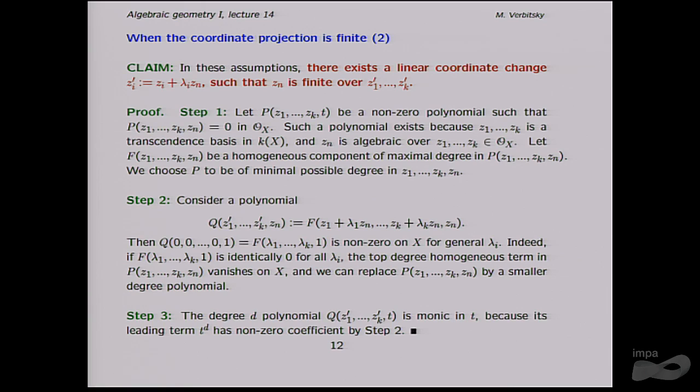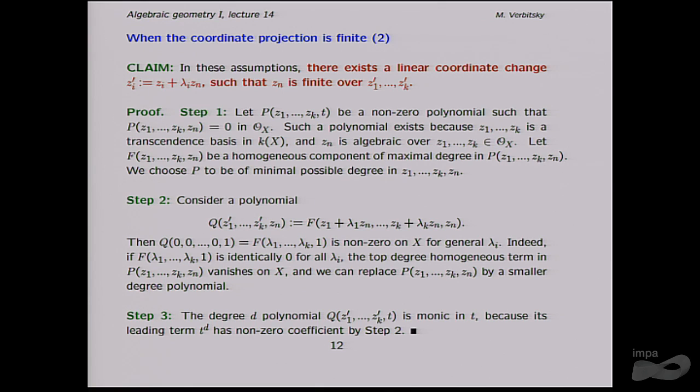It exists because zn is algebraic over the field of fractions C of z1 through zk. So you can always have such a polynomial.